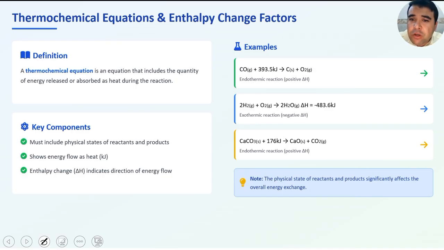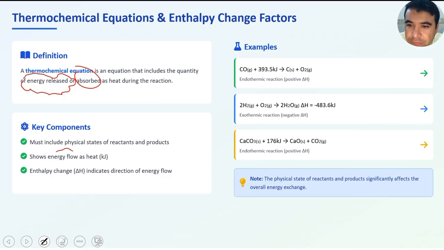Simply, a thermochemical equation is an equation in which quantities of energy released or absorbed must be represented. So when we write an equation, if there is an amount of energy represented, that means it's a thermochemical equation, an equation that represents the heat of the reaction.